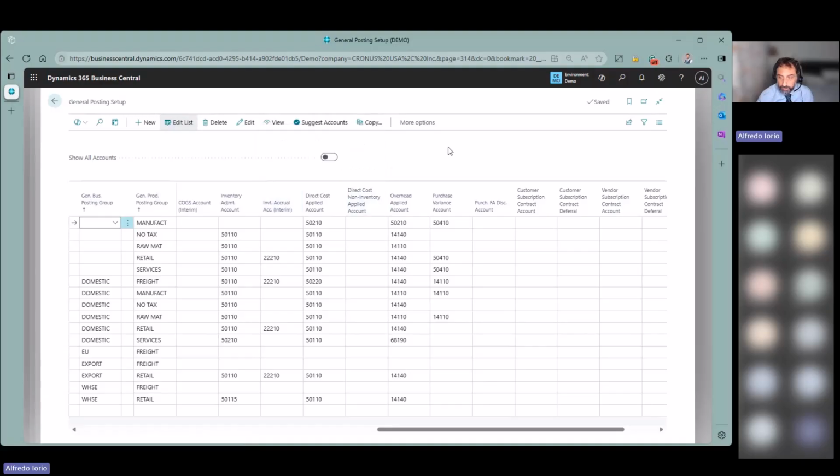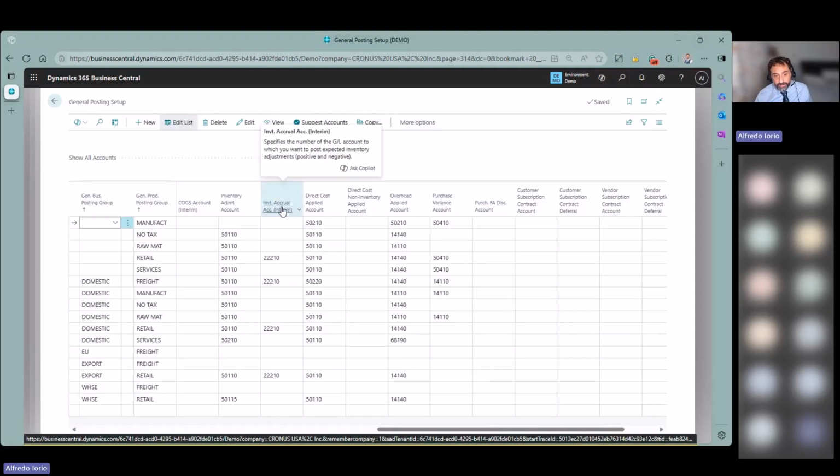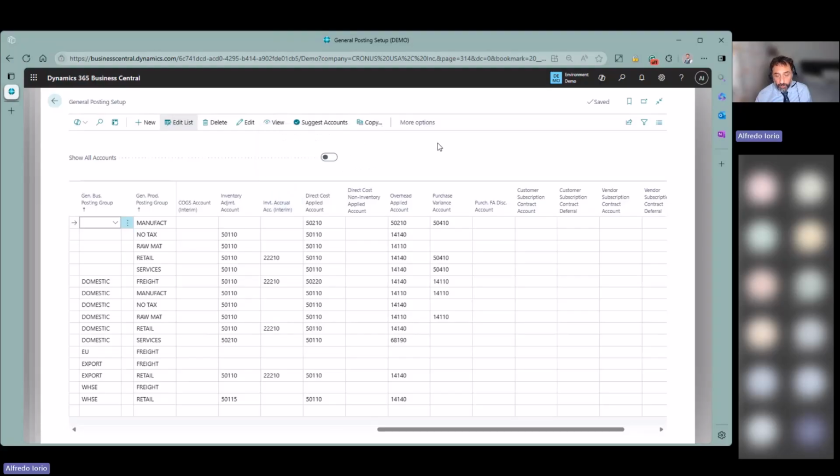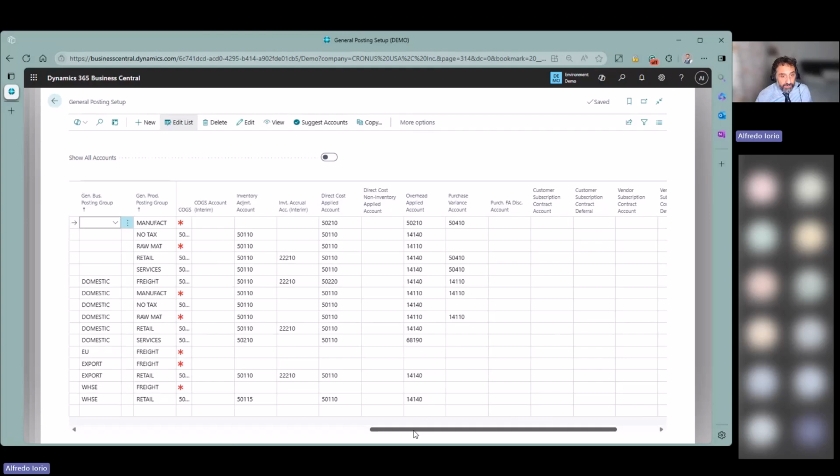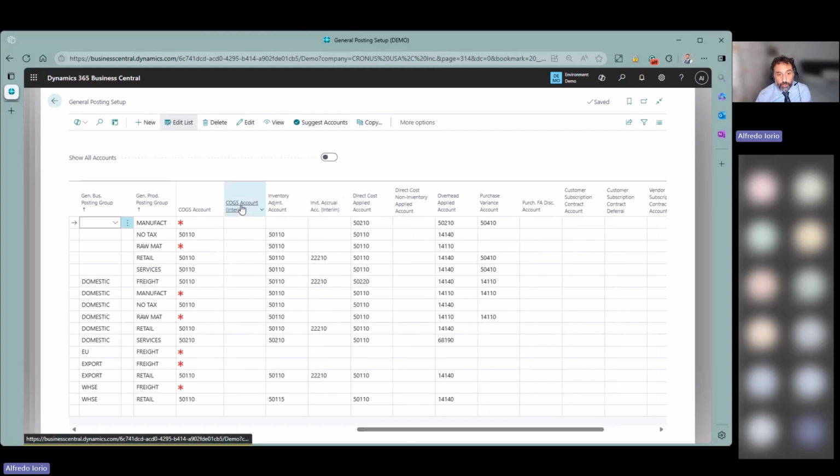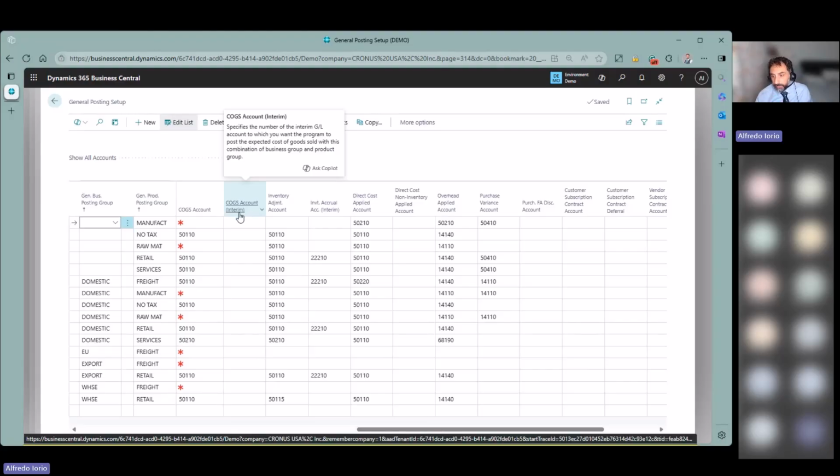Don't ask me why Microsoft decided to call it this way, because every time I show that to an accountant, they tell me they have no idea what that means. Right. Inventory accrual account interim is your goods received, not invoiced. Right. On the shipment side of things, we have the cost of goods sold account interim, right? And of course, the balance sheet side is the same.